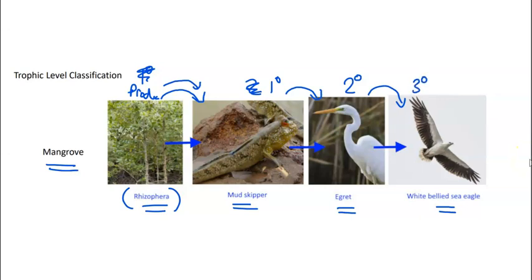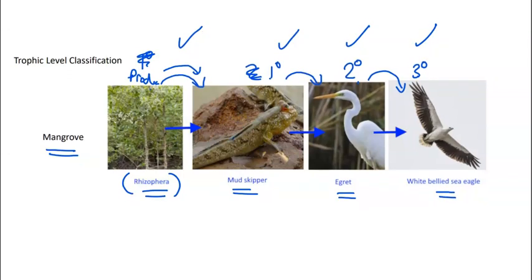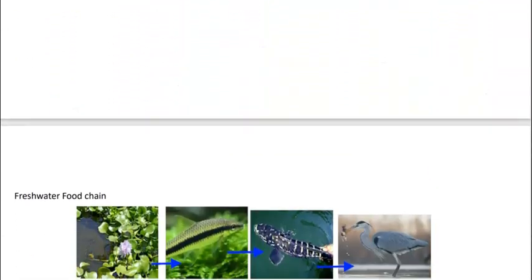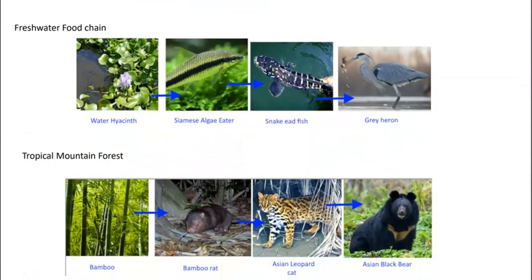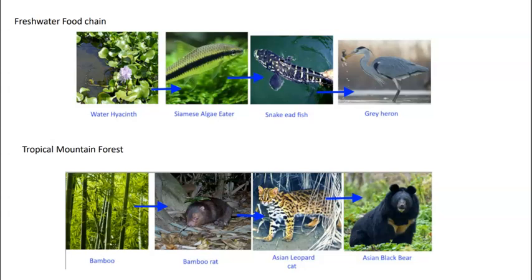So as in the forest that we looked at, we have the same sequence in our food chain: producer, primary consumer, secondary consumer, tertiary consumer, that we can apply to all food chains. And so with these two examples here, what we could do is, if you pause the video, then you can add your own annotations and then check with my annotation in a few moments. So I'll hesitate now.